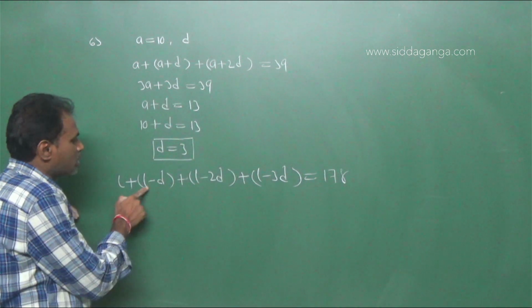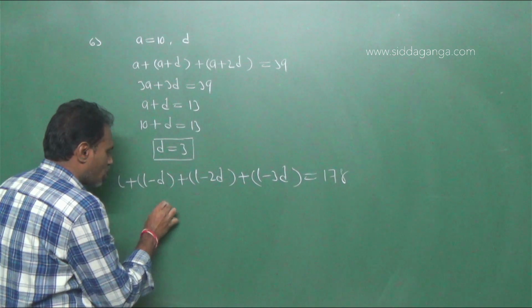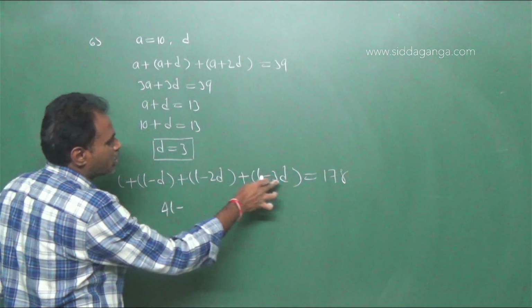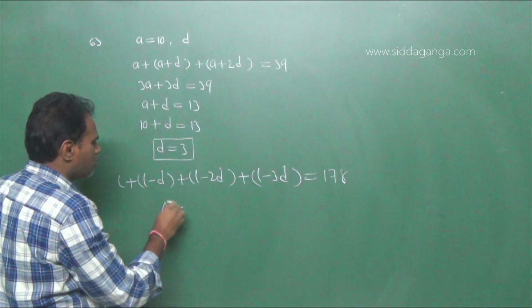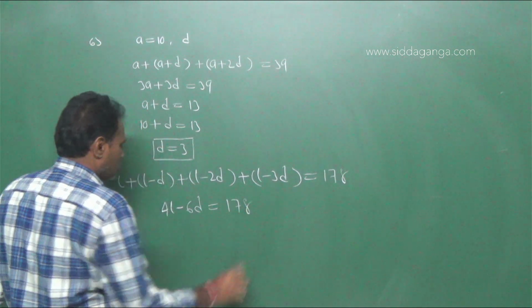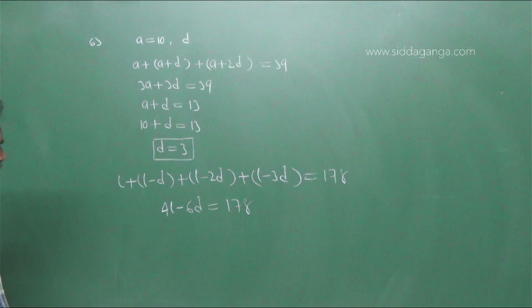L plus L plus L plus L, that is 4L, minus D, minus 2D, minus 3D. Therefore, minus 6D, equal to 178.